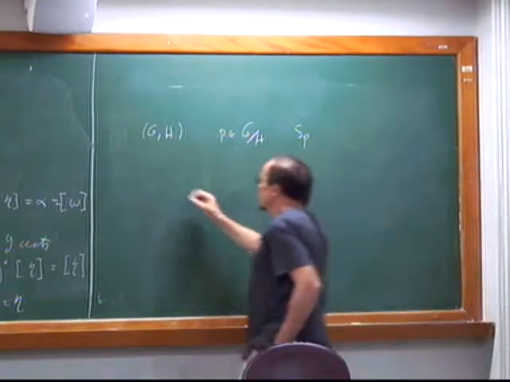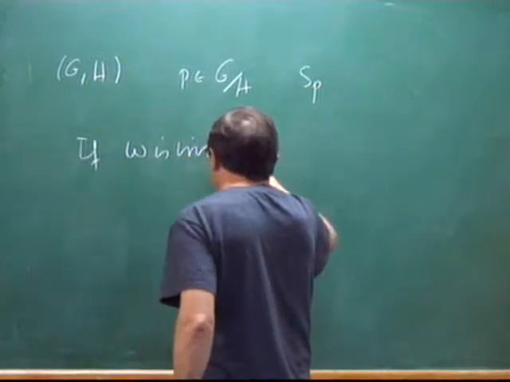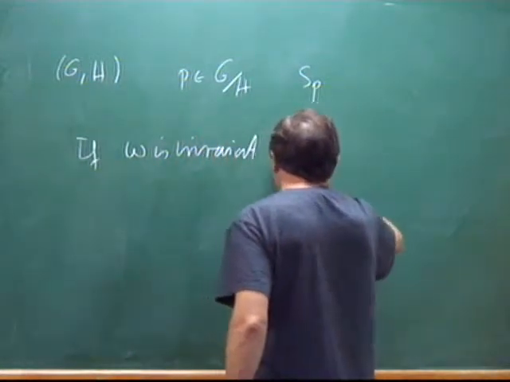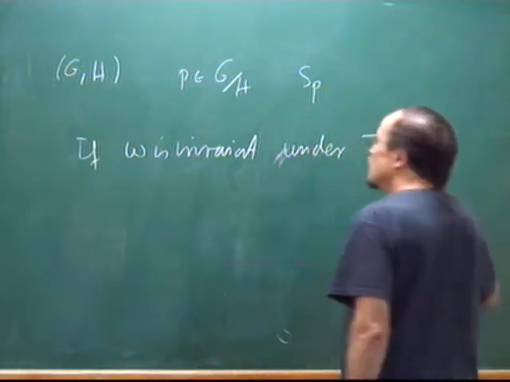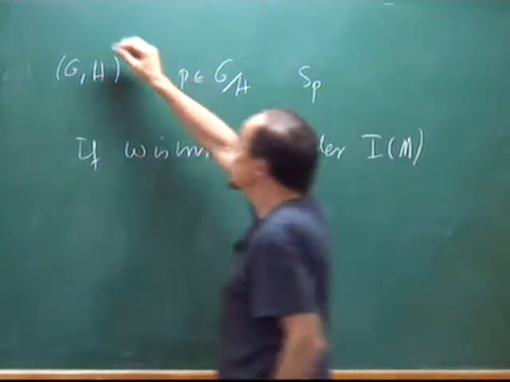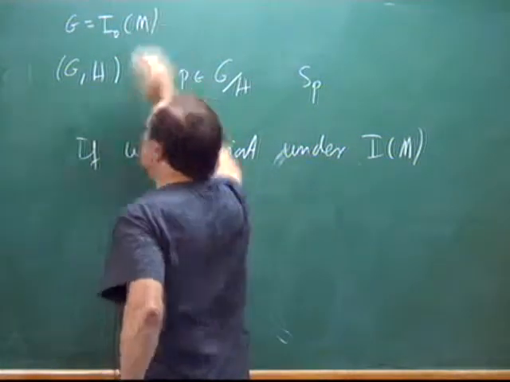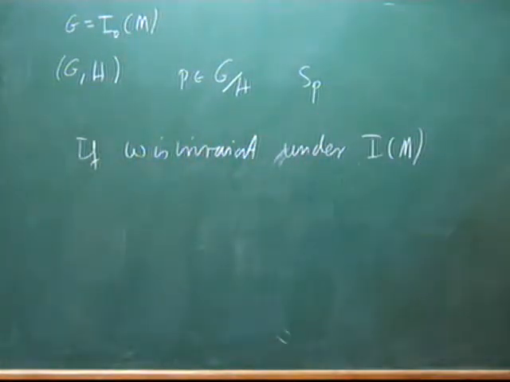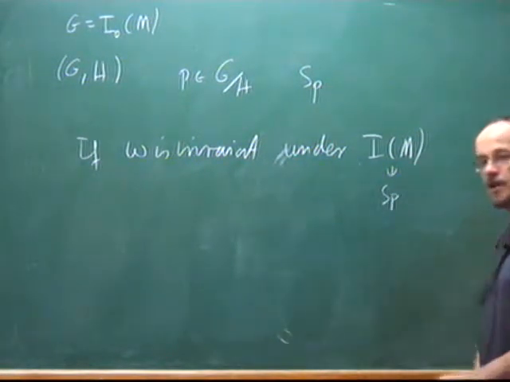And if omega is invariant under the full isometry group, in this context, G is usually assumed to be just the identity component of the isometry group, not the full one. If it's invariant under the full isometry group, of course, I have the symmetries in there also.